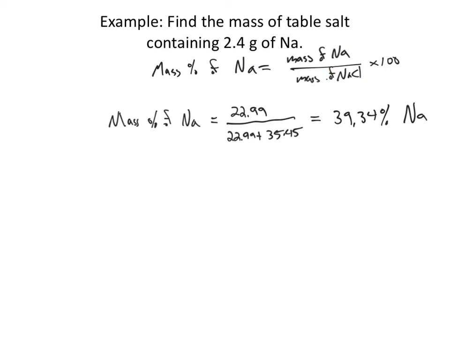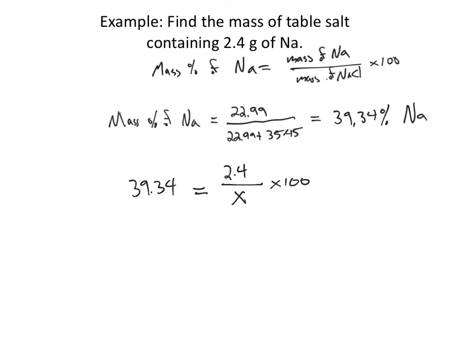I'm going to put in X for the mass of NaCl. So the mass percent of sodium, 39.34. They told us the sodium is 2.4. I'm looking for the total mass of NaCl, times 100.